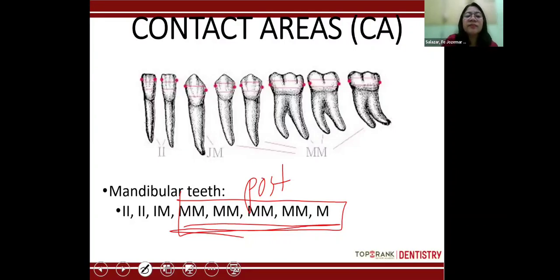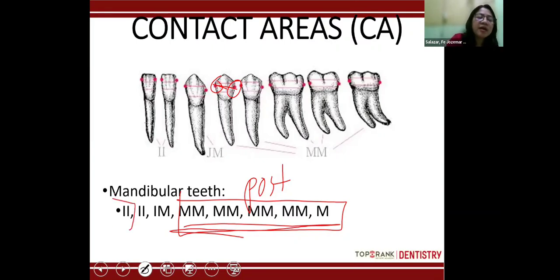Look, the distal is more cervical, the mesial is more occlusal. Correct? Okay, so that applies to all of them. And then for the anteriors, we memorize I, M, and then M. Right? Okay, which contact areas are exactly at the same level?